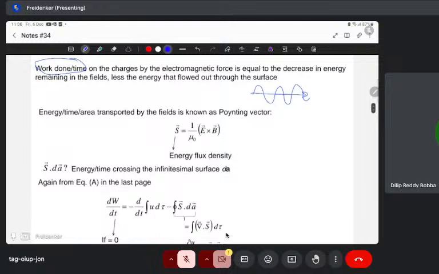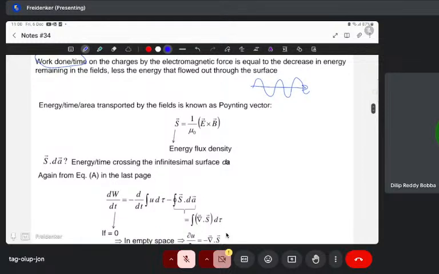Fine, they defined something called the Poynting vector. What does this give me? What do you think are the units for this? Maybe then we'll get some idea. Units for this is volt per meter. Units for this is Tesla.